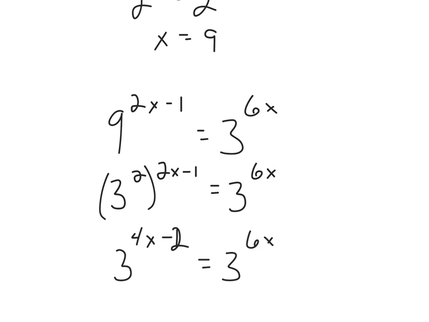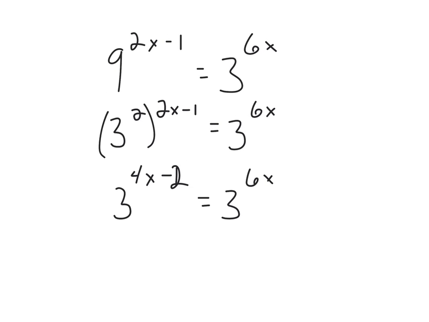Okay? All right. Now, however, my bases are the same. Correct? What do you got, Justin? So would you just take what you have in the exponents of each side of the equation and make it into a different equation and solve? Yep. Now, I have 4x minus 2 equals 6x. And we just have a little equation to solve, right?